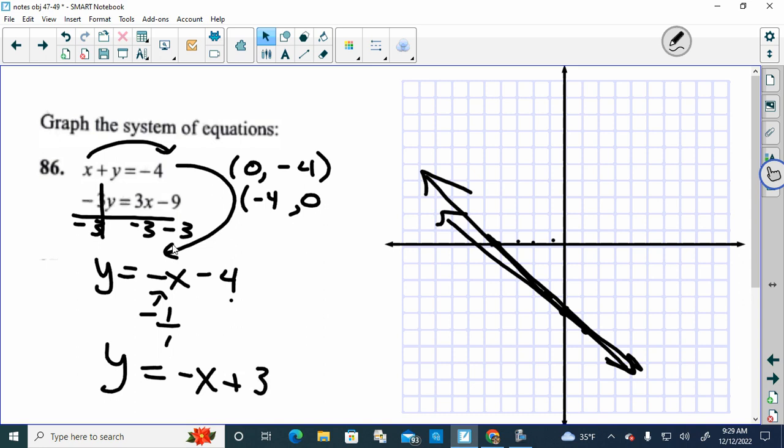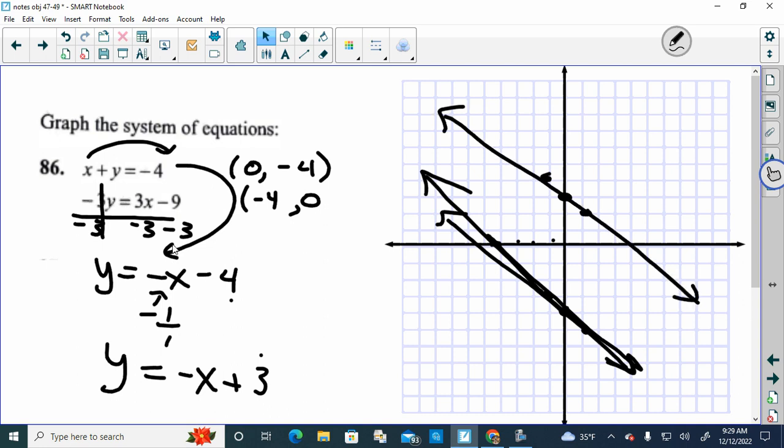Okay, so then graphing it, I graph at a positive 3 first, so 1, 2, 3. And then from there, I'm going down 1 over 1, or up 1 over 1. Okay, so then graphing those again, if I could draw a straight line.